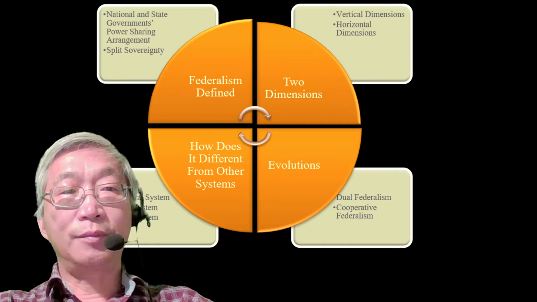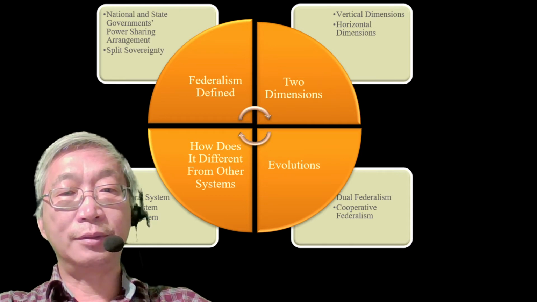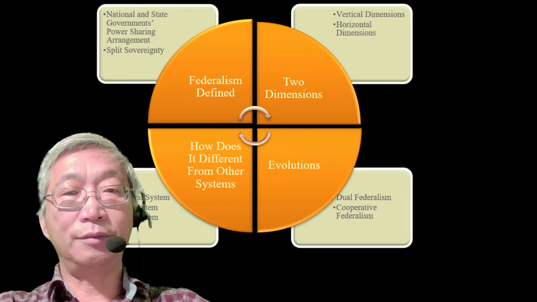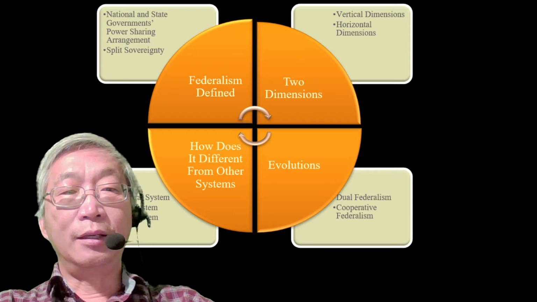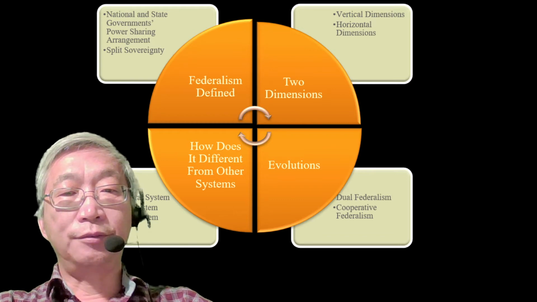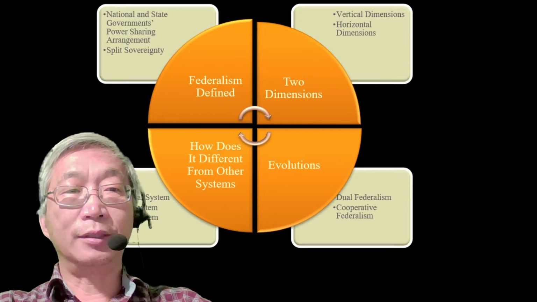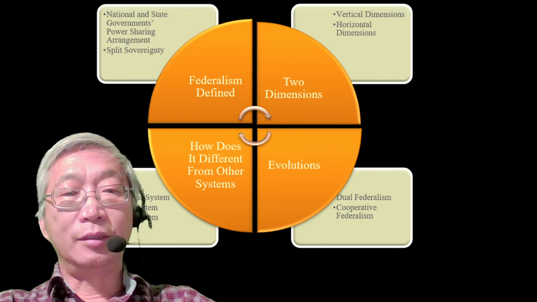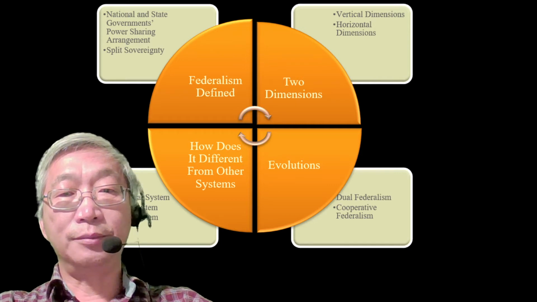The federal system is different from two other forms of government, including the confederation the United States used to have between 1787 and 1789, and the unitary system that the UK, France, and Japan all have. We'll look at the three types of government to see where the federal system differs from those systems.